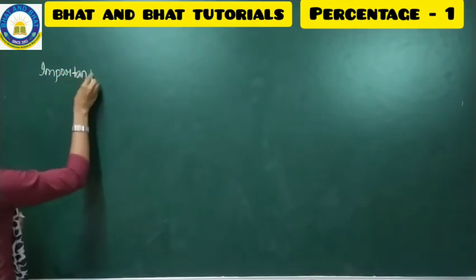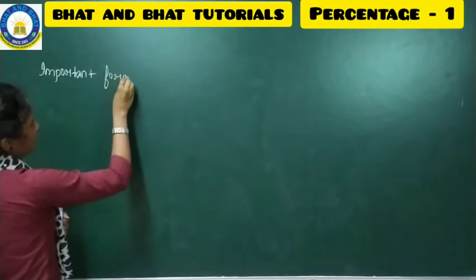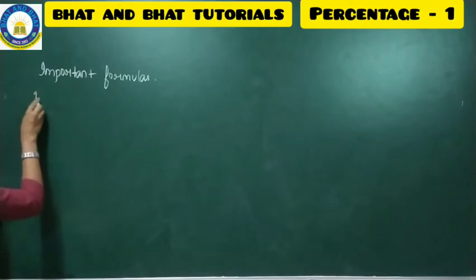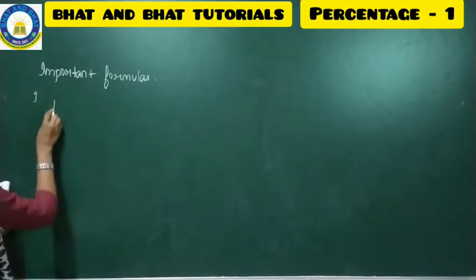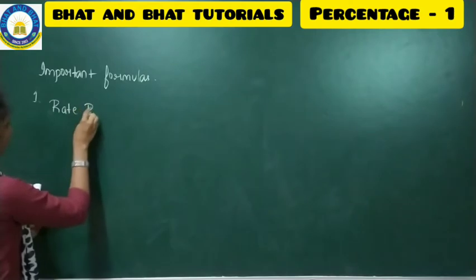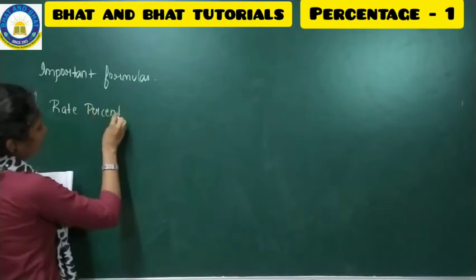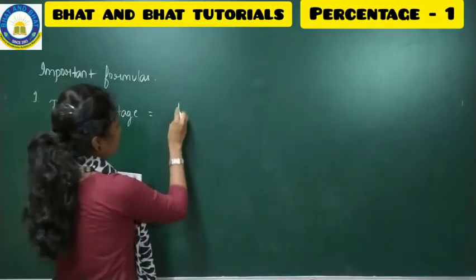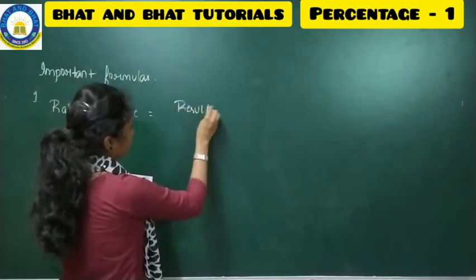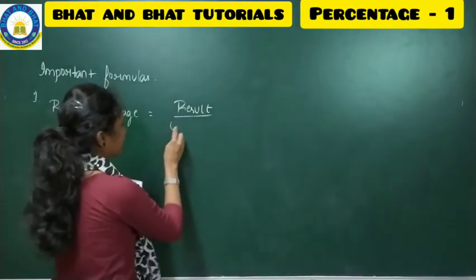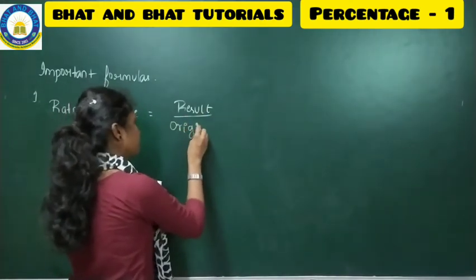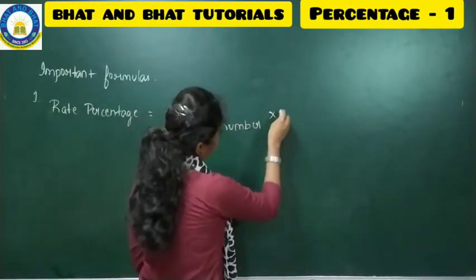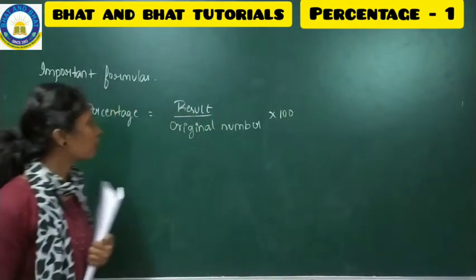So here the first formula: rate percentage is equal to result divided by original number into 100. So this is the one formula.